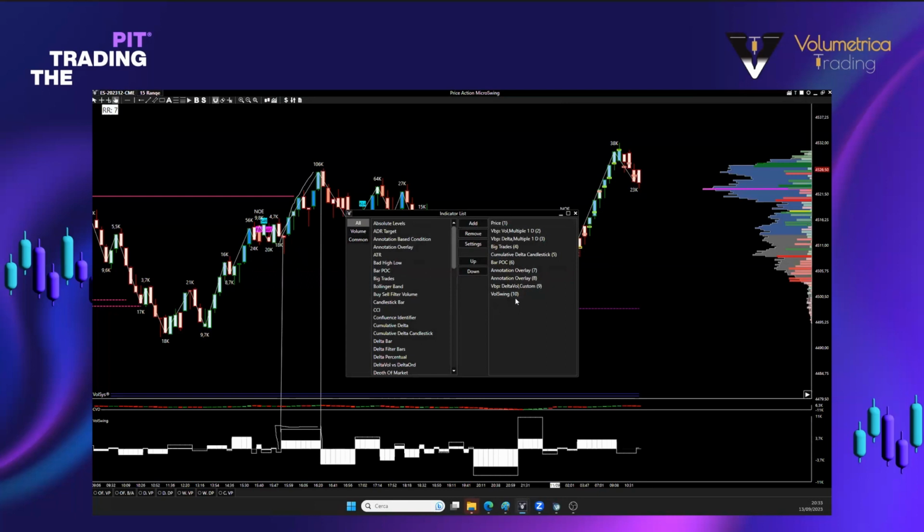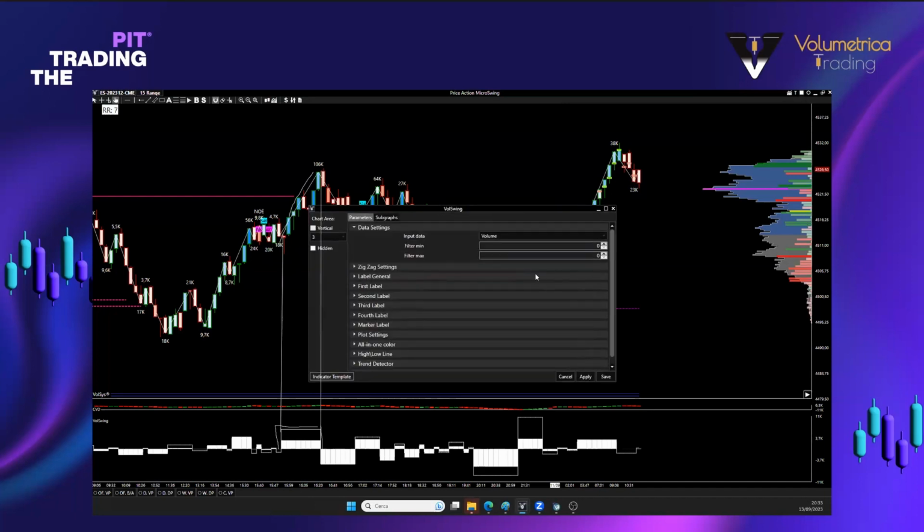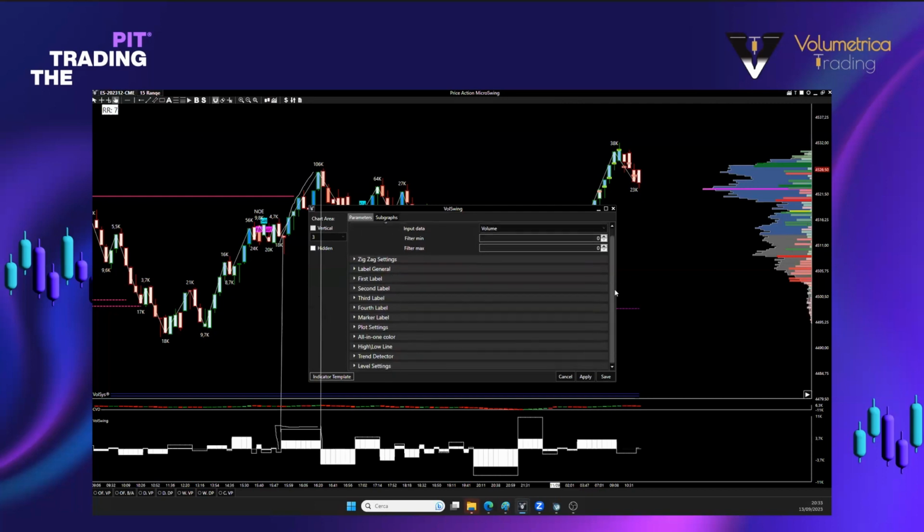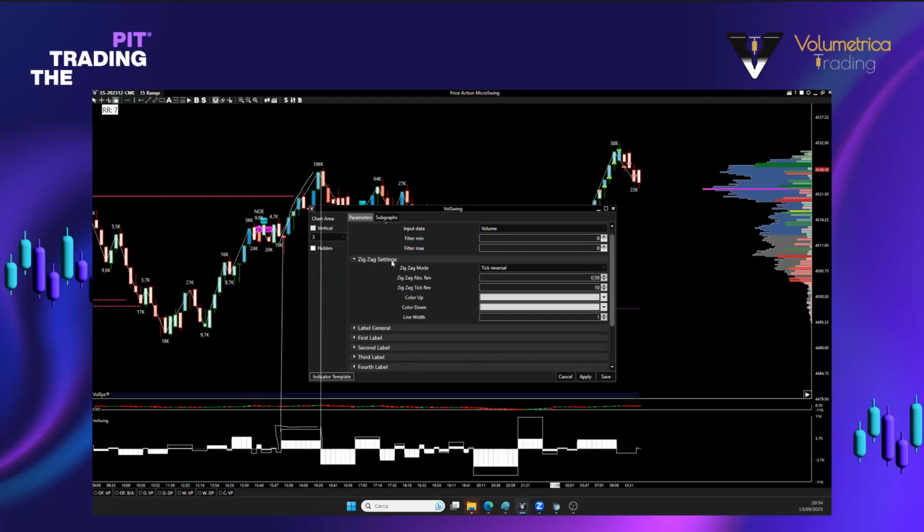So I can also show you the feature of the platform. The indicator is the gold swing, this one. As you can see, there are many features and parameters we can set up differently. For example, the zigzag settings here are based on 10 ticks of reversal.